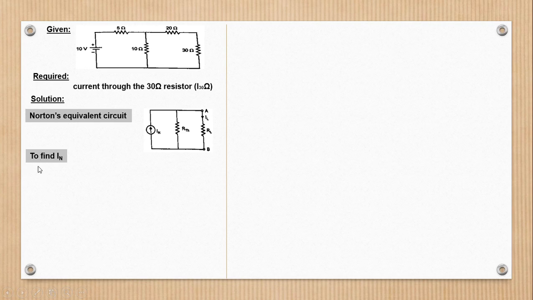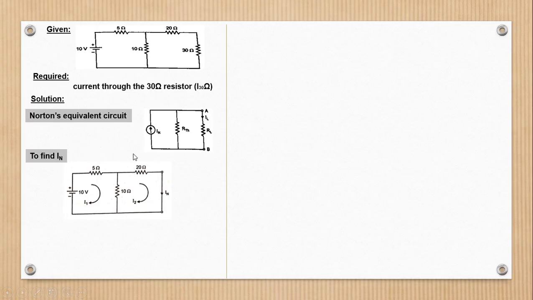Step 2 is to find IN, Norton's current. The given circuit diagram is once again redrawn without considering the load resistor, that is 30 ohm resistor. Here the load resistor, which is equal to 30 ohm, is removed and it is short circuited.